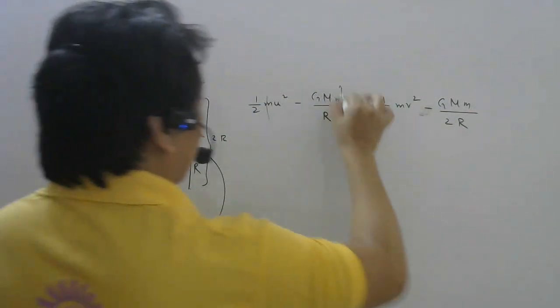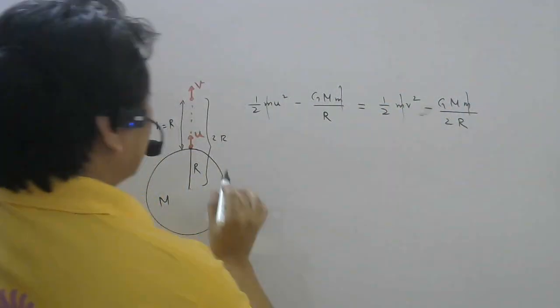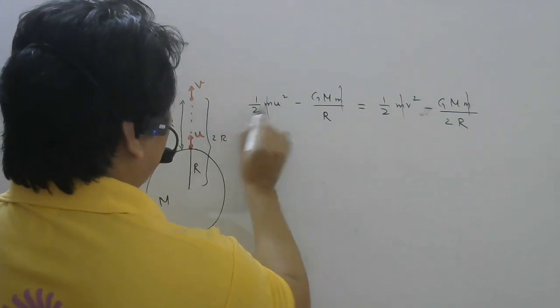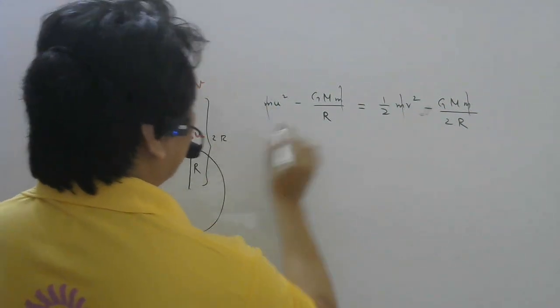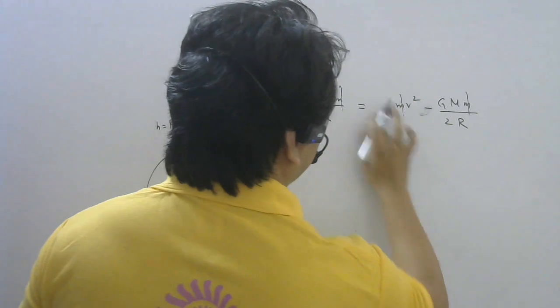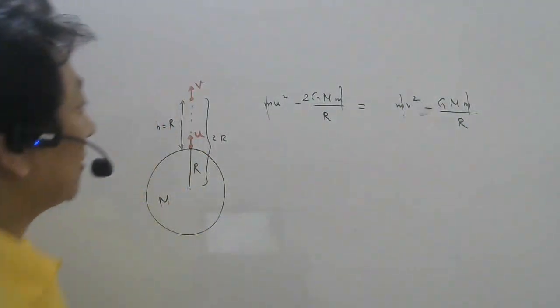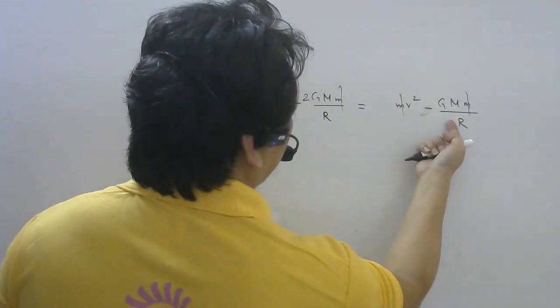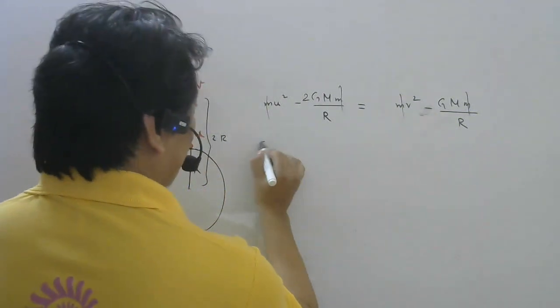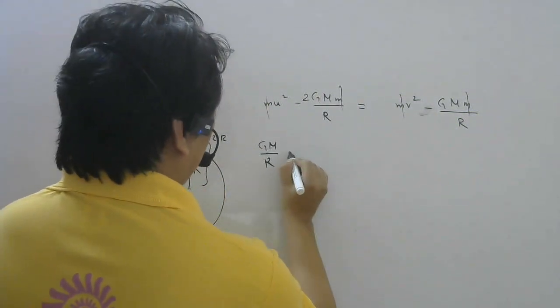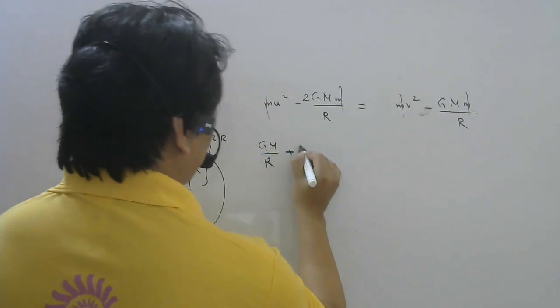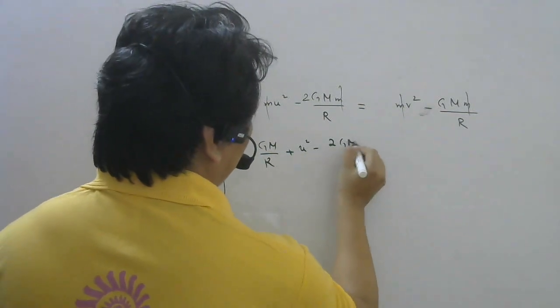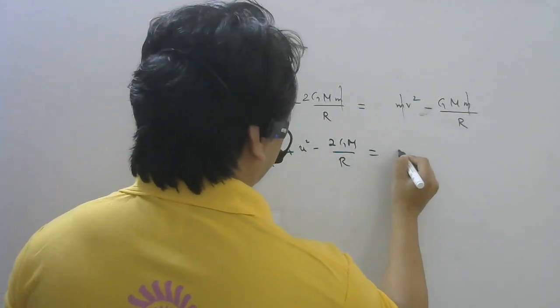First of all, small m gets cancelled. Let's multiply with 2. So we multiply with 2, this half will cancel, this 2 will come here, this half will cancel, and this half will cancel. Right? Then what will I do? I will bring this minus GM by R this side. So GM by R plus this u square minus 2GM by R will be equal to v square.